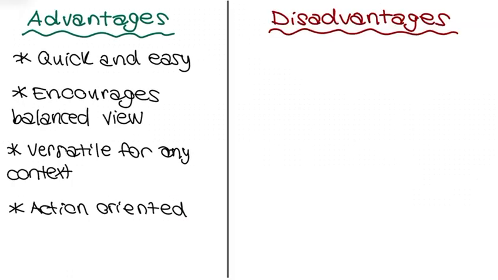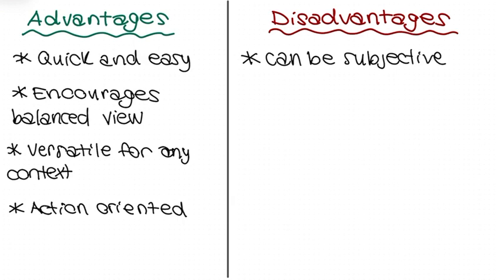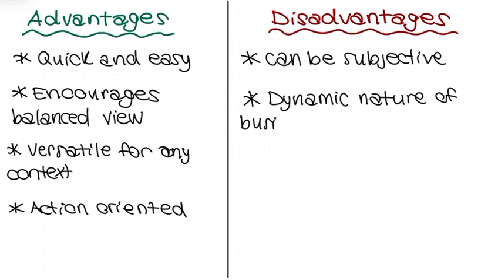And of course, there are several disadvantages to using this as well. It can be subjective, especially working in a team setting. Opinions matter. Without hard data, this can lead to bias. Businesses have a dynamic nature, so the external factors may constantly change. This analysis captures one moment but ignores changes over time, requiring frequent updates in fast-moving industries.